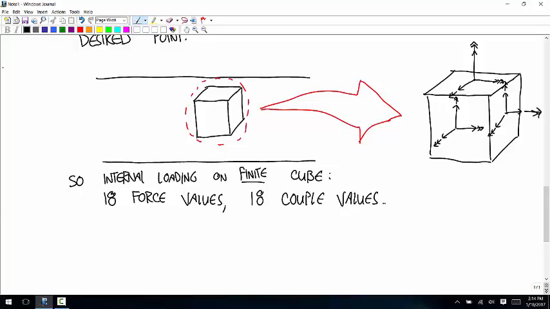And you would think, just off the top of your head, okay, we're going to take these limits and then these 36 total values in the limit are going to define our loading.